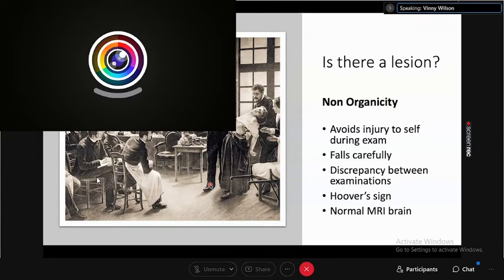Some of the examples would be a seizure, a Todd's paresis, where the MRI may be absolutely normal. And similarly, hemiplegic migraine, the MRI may be absolutely normal. So a normal MRI does not rule out organicity. However, in the setting of the patient, after your examination, if the suspicion is high, a normal MRI would help you rule out organicity.